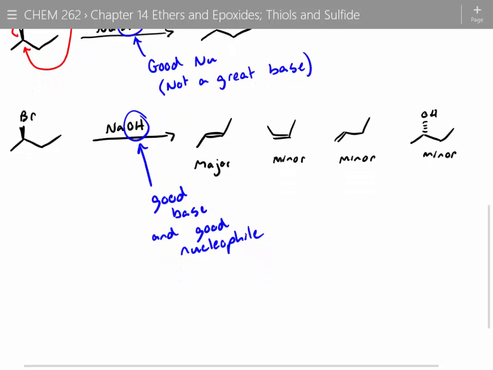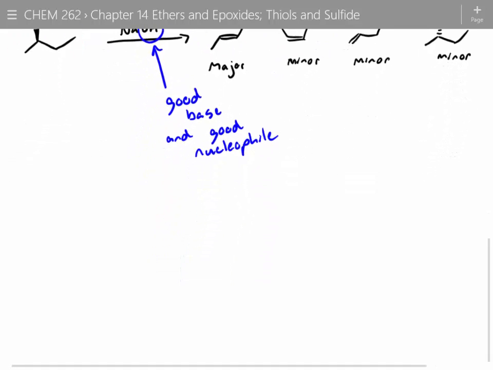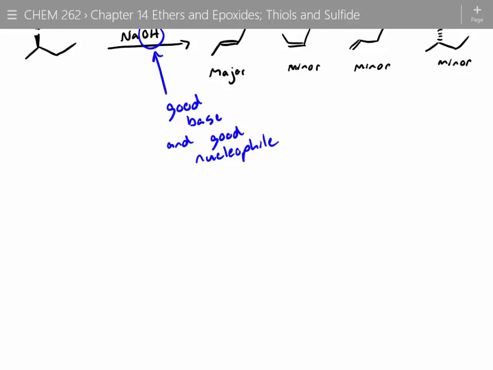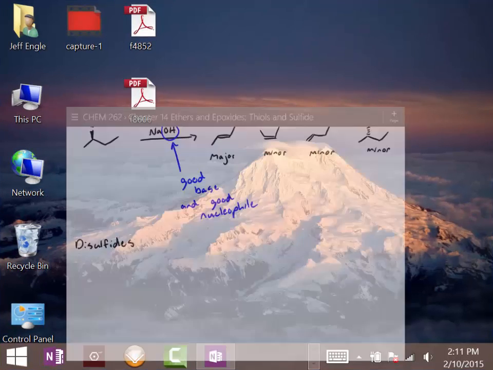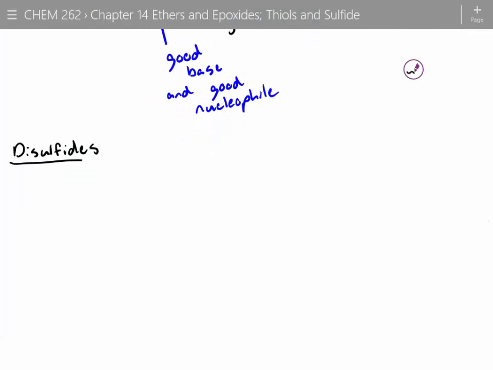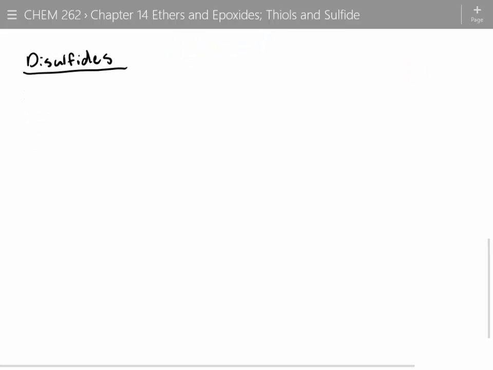All right, there's another class of compounds that's very important for biochemistry, so we're going to spend a little bit of time talking about it. And these are called disulfides. So if we look at thiols, they're a little finicky.